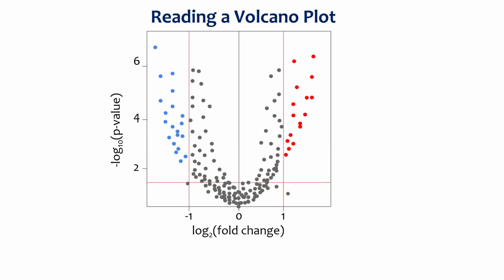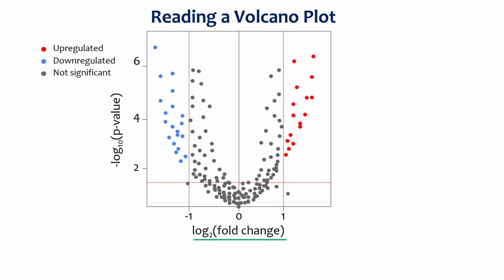Looking at this volcano plot, each point represents the change in expression between two conditions for a unique gene. As indicated in the legend, the red points are genes that are upregulated in one sample relative to another, whereas the blue points are genes that are downregulated based on the magnitude of their fold changes and statistical significance.